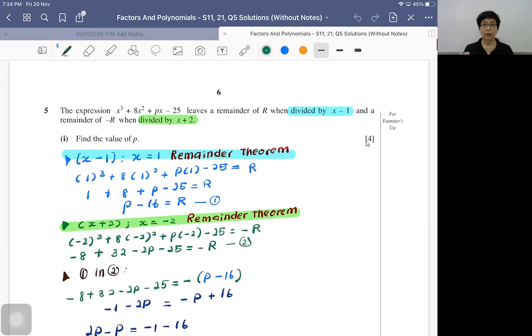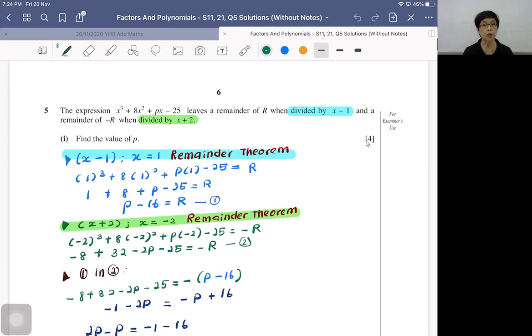We take the root, the x value, and substitute it into all the places where x appears in the polynomial. Once after the substitution, the factor theorem tells us that the expression will equal 0. That's all about the factor theorem.